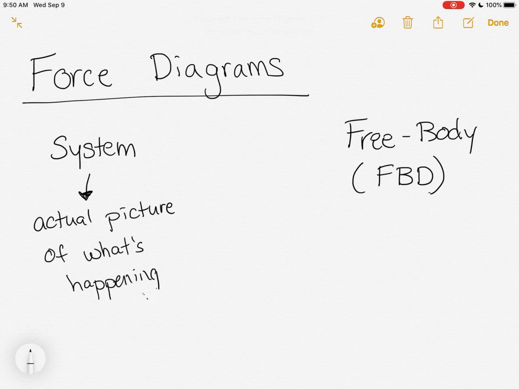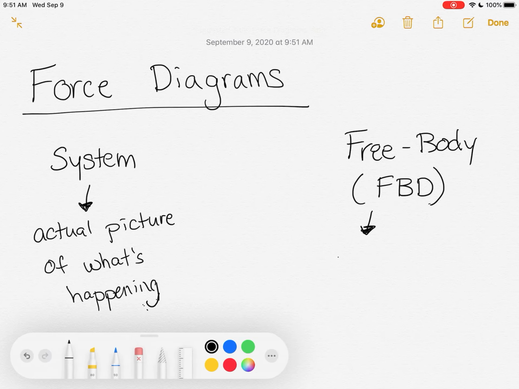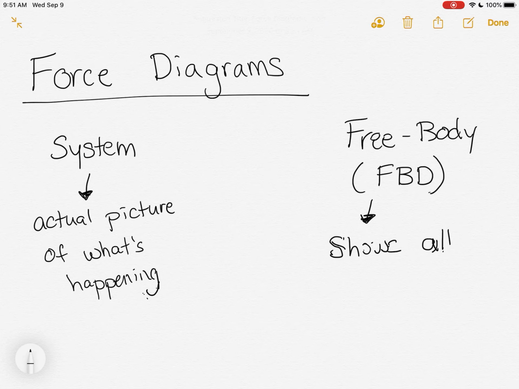And a free body diagram is going to show all the forces acting on a single object.